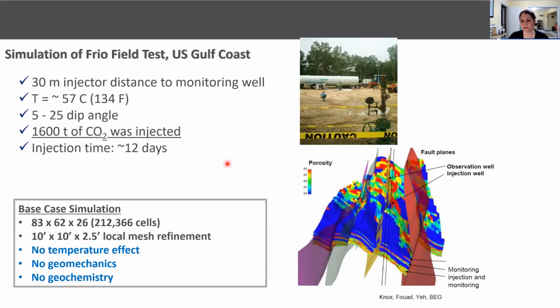And if the formation is warm, you're going to have a distribution of temperature around the wellbore. We did not include it initially, but later on we turned temperature on. No geomechanics and no geochemistry initially. And again, later on, we added some of the reactions that they did measure based on the produced water and the minerals in the laboratory.